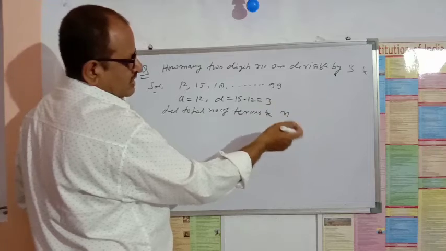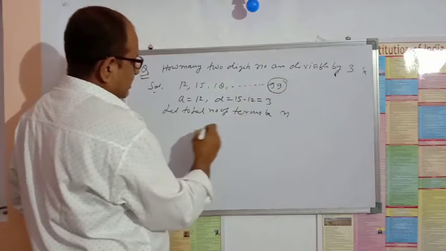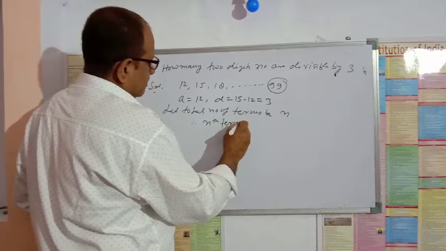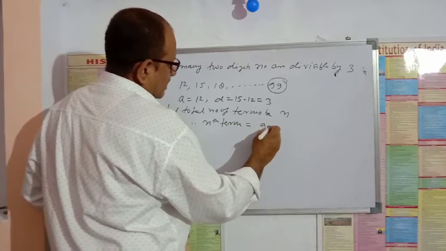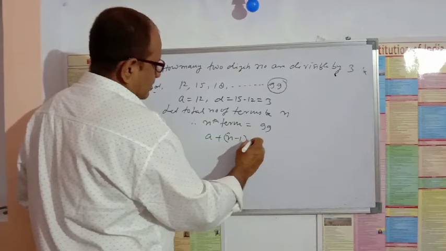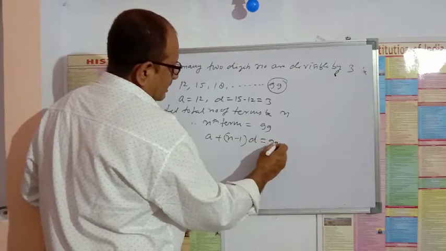So what will be the nth term? The nth term will be the last term, 99. So the nth term is 99. The nth term is A plus n minus 1 into D.